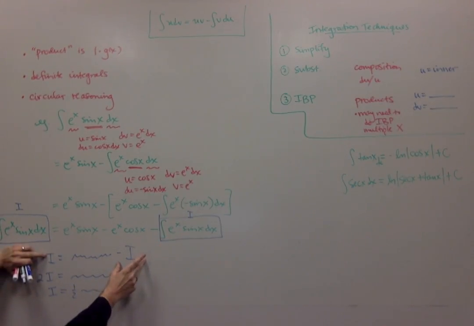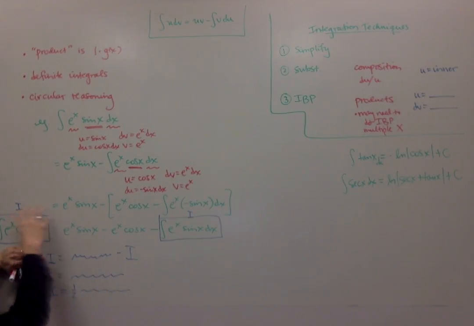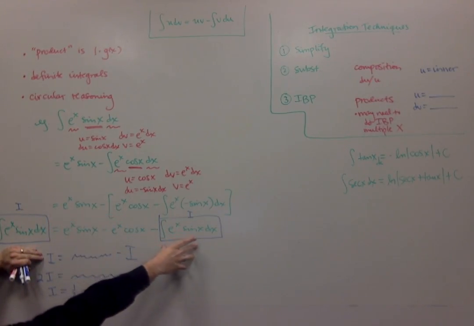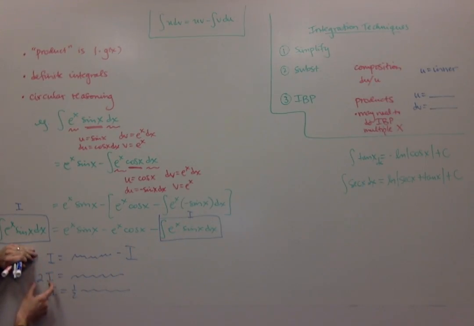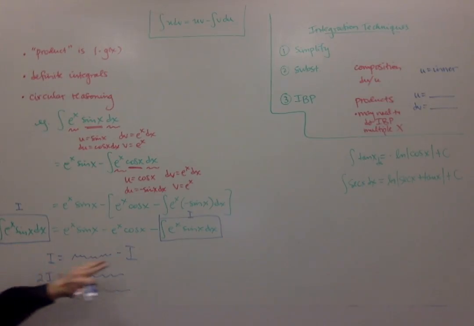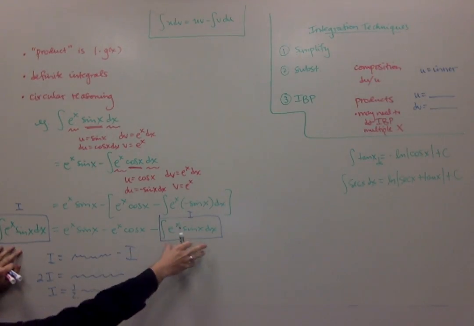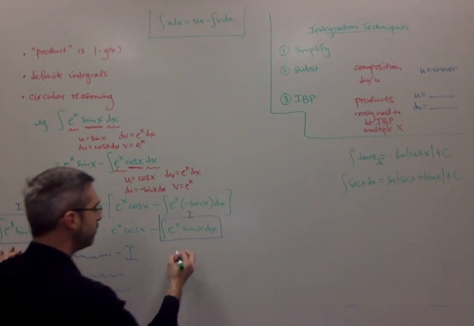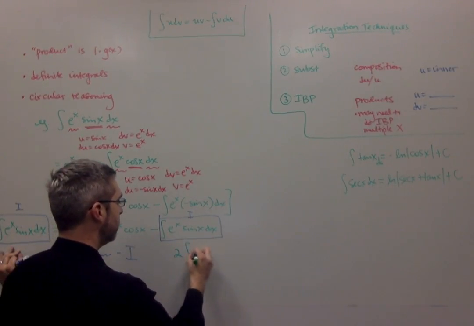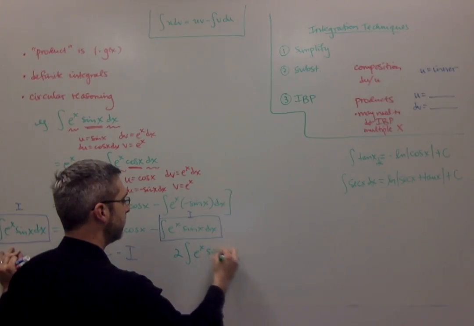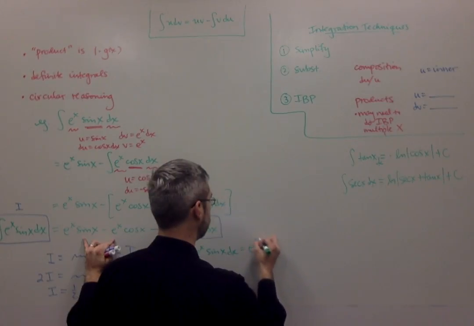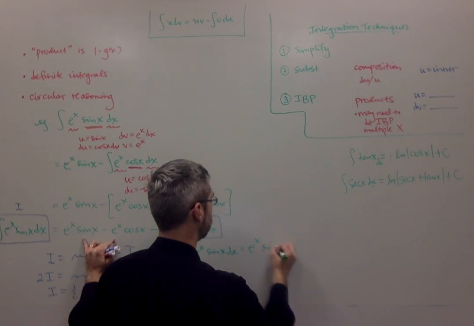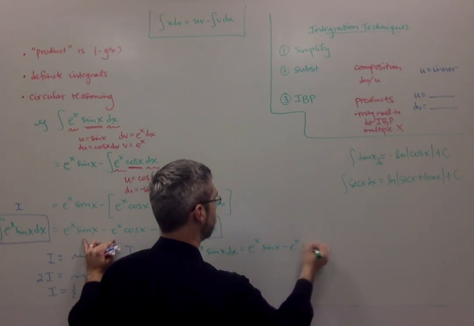But it turns out that you can, thinking about the integral equals some stuff minus some multiple of the integral. If you can pull that integral to the other side, then you can actually solve for the integral. So in this specific case, if I pull this integral to the other side, I get 2 of them. So 2 integral of e to the x sine x is going to be this thing: e to the x sine x minus e to the x cosine x.